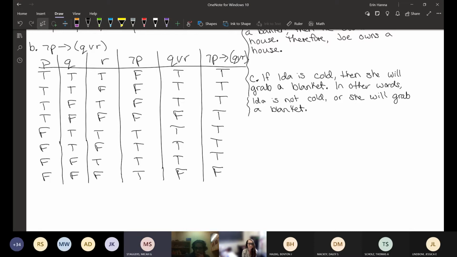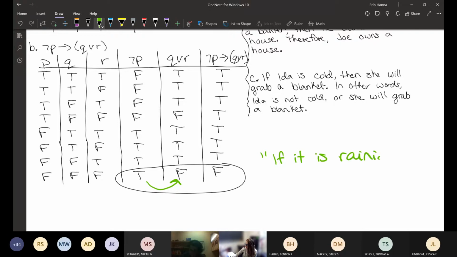Yeah. Can you explain why the last one is false? This one down here? Yes, ma'am. So we have a true statement implying a false statement, and that's the only case when an implication is false. If you think about an implication as a promise, like, if it is raining, I will drive you home. This is my favorite example.